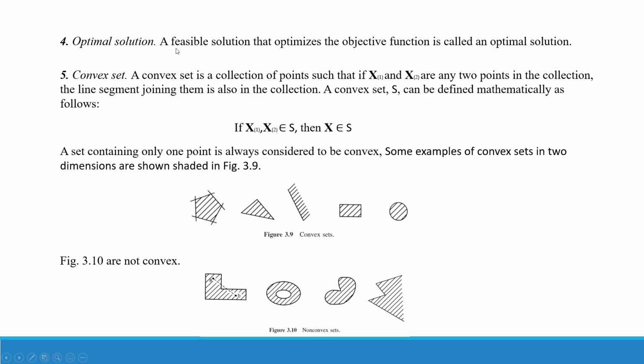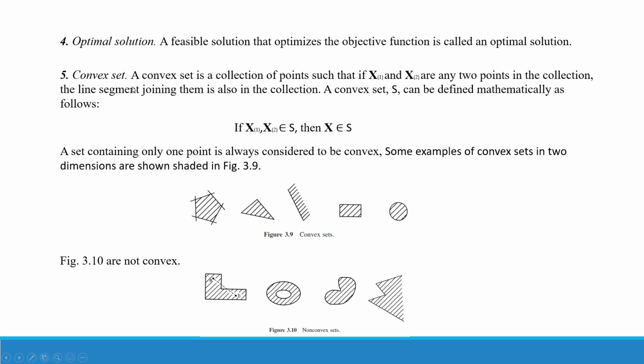An optimal solution is when we optimize and get one or many solutions that are optimal for the problem.